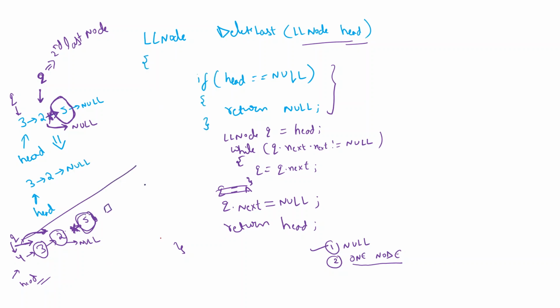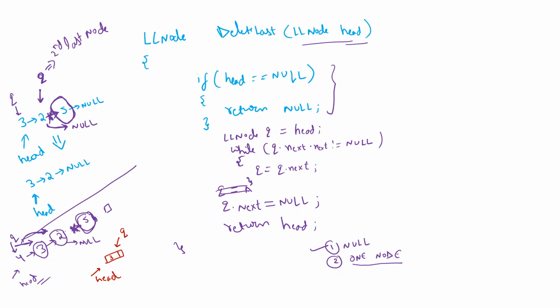In case there is only one node, something like this, right? So there's only one node. So what do you do? You initialize Q with this, and then you do Q dot next.